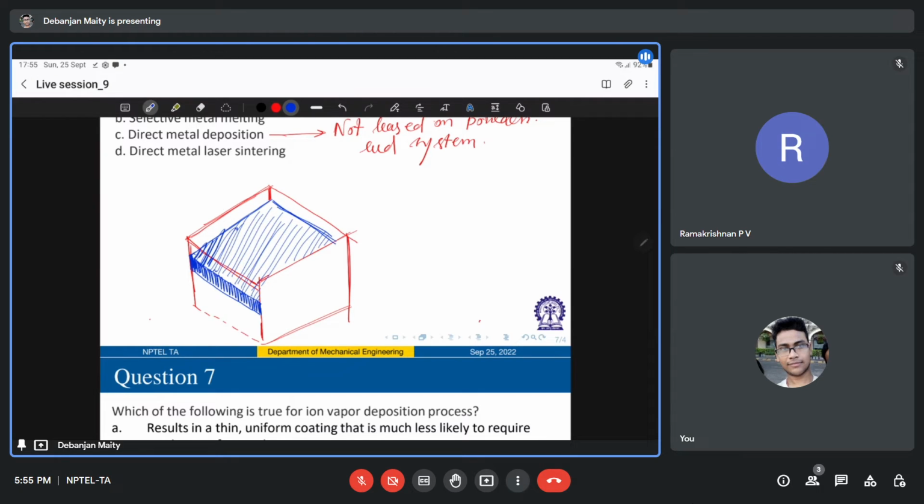So this red one is a chamber. You can see it as a chamber, and this blue one is what I was saying is a powder bed. Okay. You can have some kind of mechanism through which this powder bed can move downward.